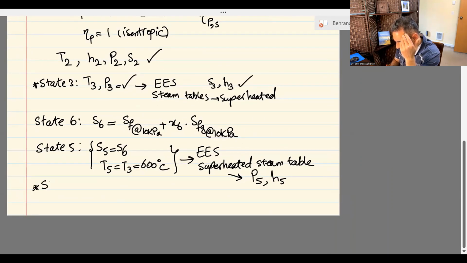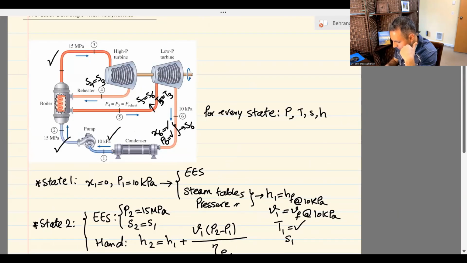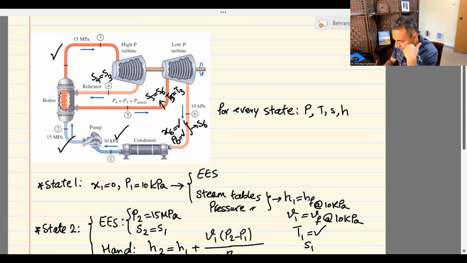So then state 4 is determined. State 4, because P4 is supposed to be P5. Let's take a look at our cycle. This is a high pressure turbine. There's something you need to know: when you have a high pressure, low pressure turbine, the steam that comes out of the high pressure turbine is still superheated.